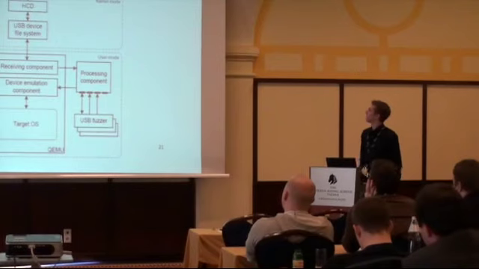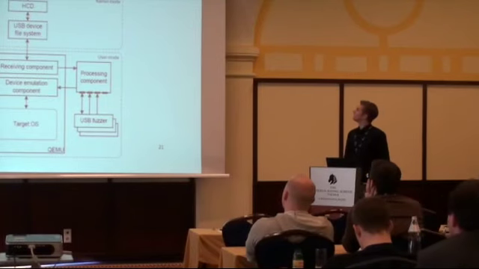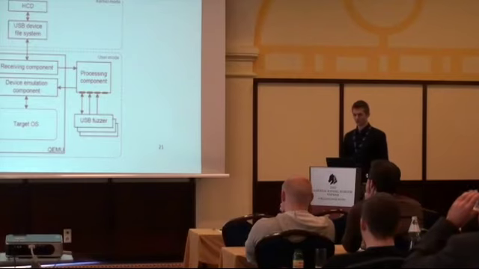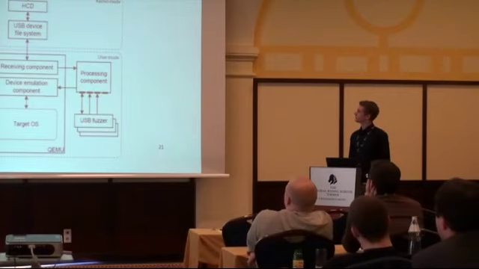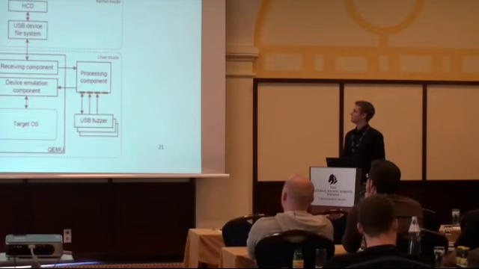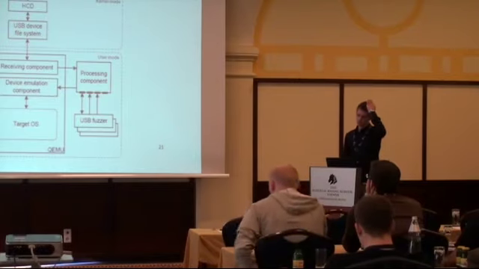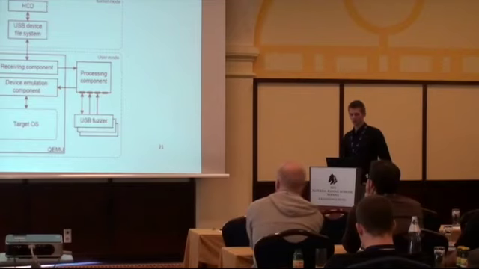So this is what our fuzzing framework looks like. At the top, we have a physical USB device, which is attached to our workstation. It's handled by the host controller, and then the USB device file system passes the communication to user mode. In user mode, QEMU receives the USB communication from the real physical device.